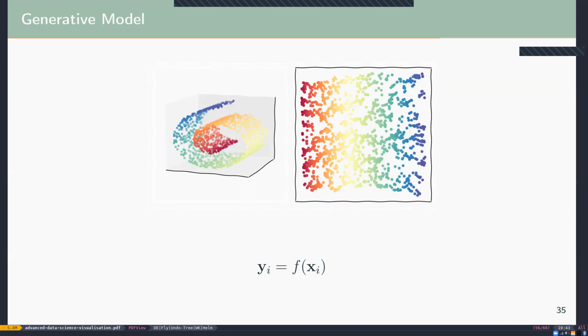Can I now find the mapping back? That's a different way of thinking about the problem.